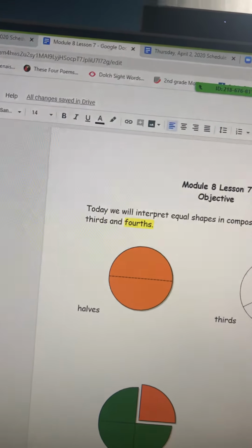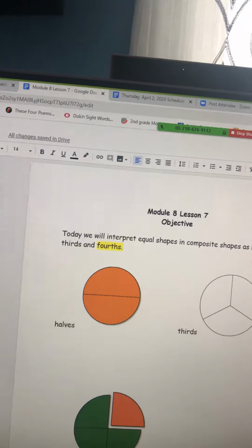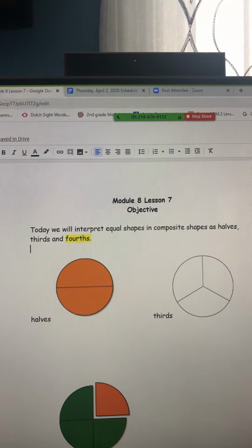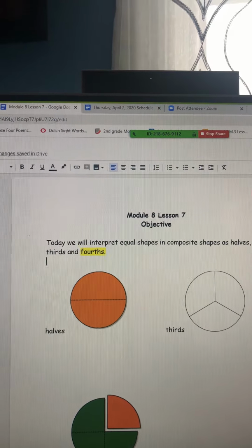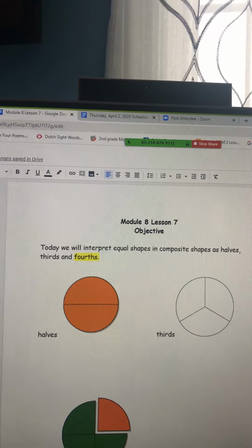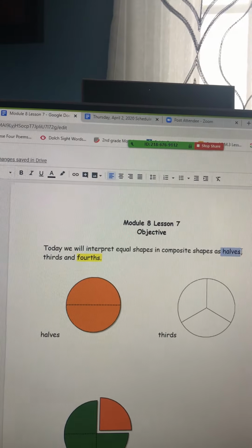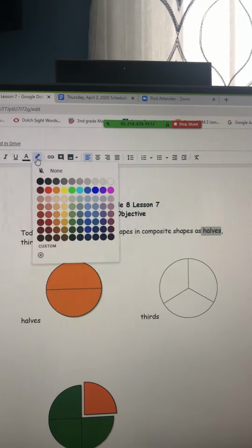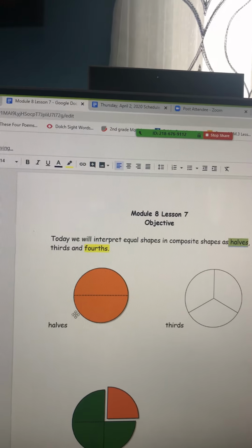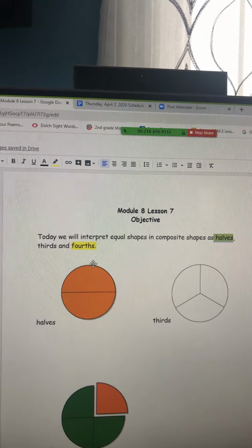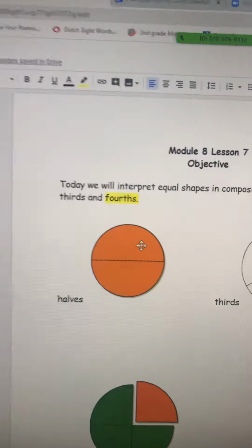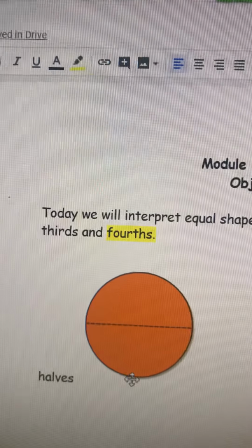Any other words you need me to define? Hazel? Halves. Halves is when I have taken a composite shape, a two-dimensional shape, and I have broken it into 2 equal parts.